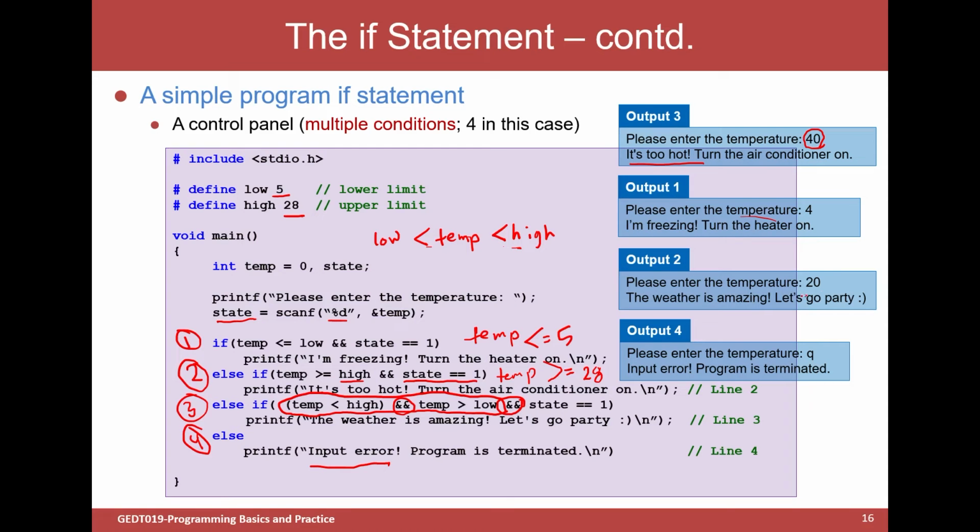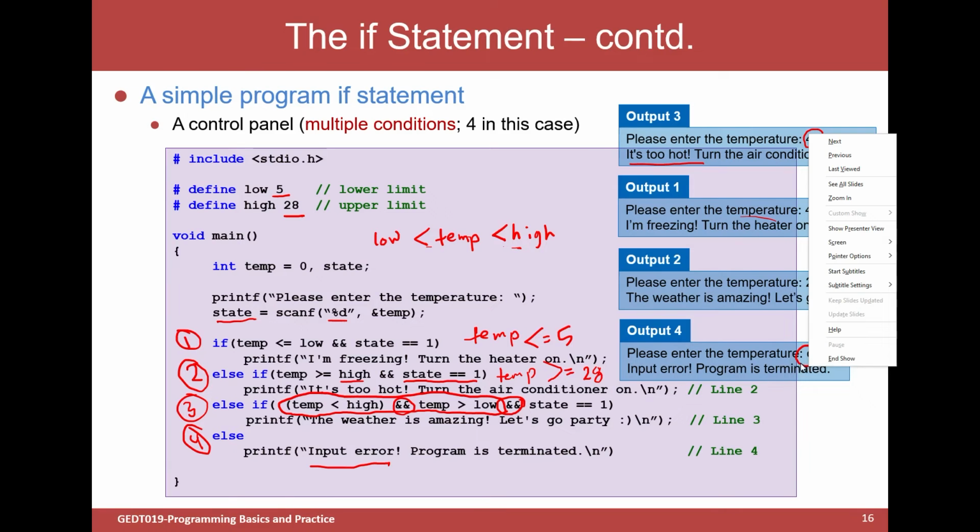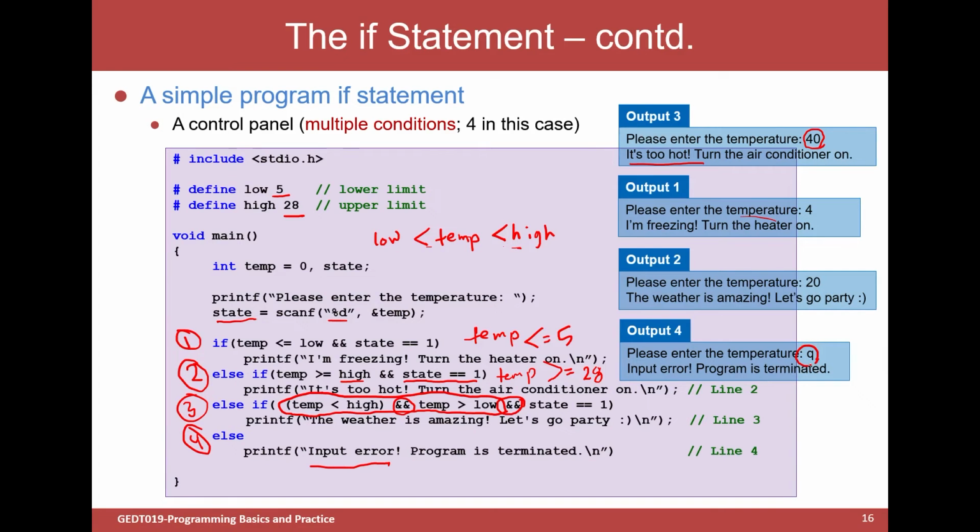And if you insert a number between 28 and 5, in this case, the weather is amazing. And if you insert Q, this is not a temperature, not a number. That means state will equal 0. So else it will tell you input is error, terminate the software. So you can try this one.